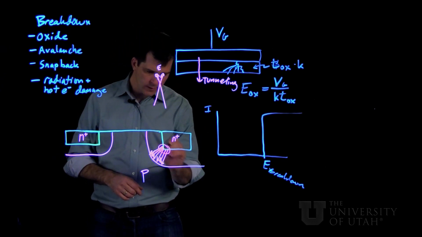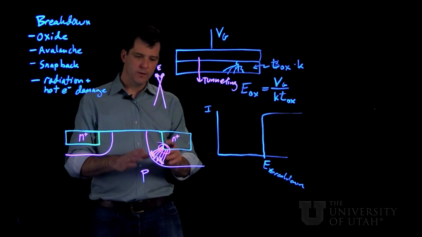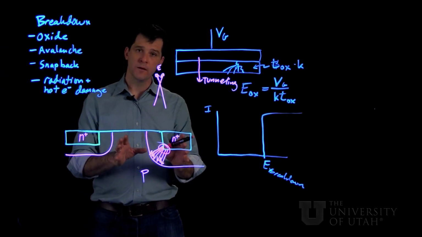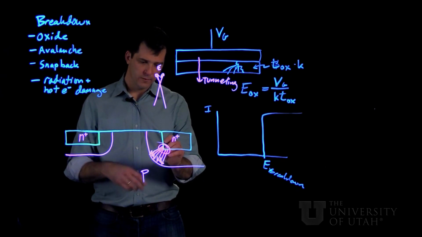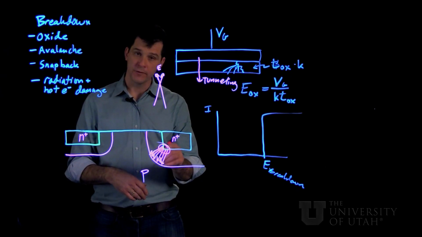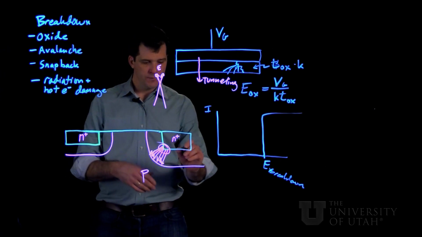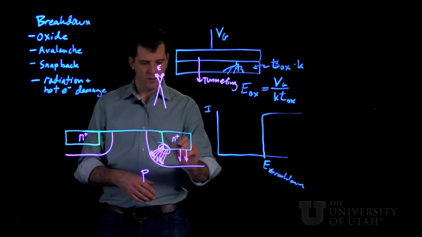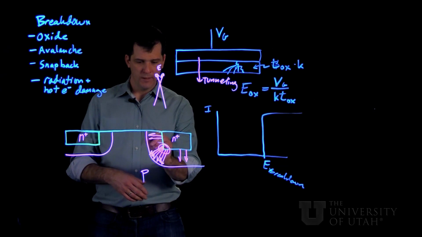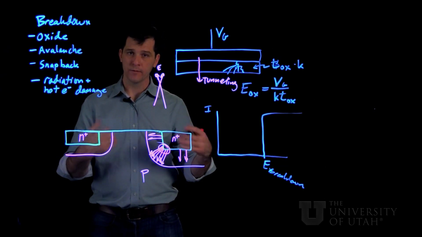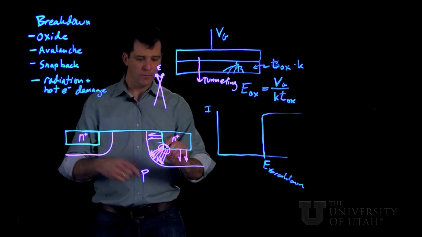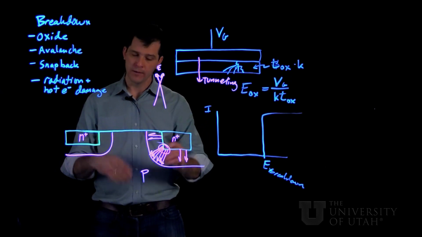So the corners of the source and drain, and particularly the drain, are sources of low radius of curvature and thus E-field concentration. So even though the average E-field out here away from this corner might be below the threshold needed for avalanche breakdown in the semiconductor, at the corner that might happen.